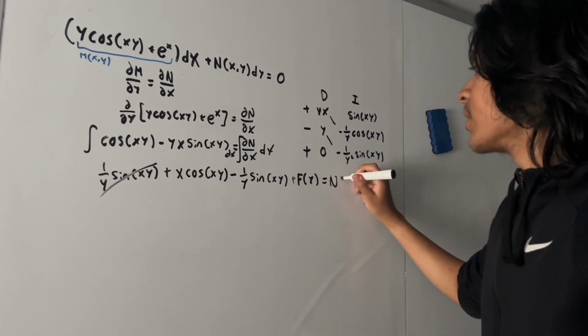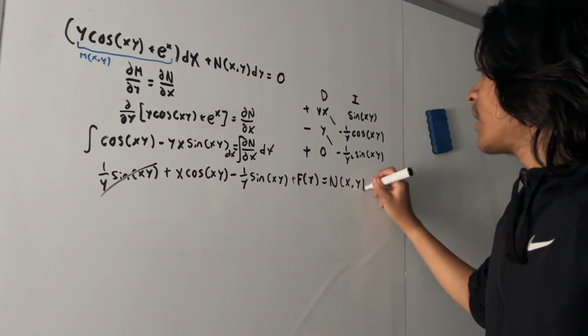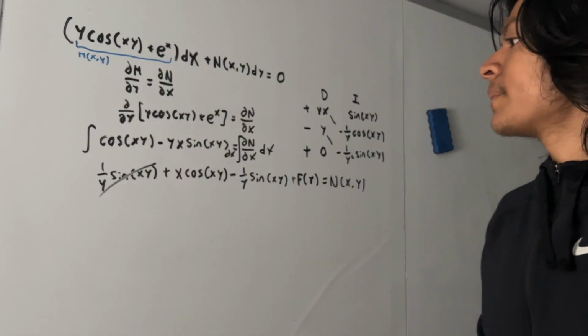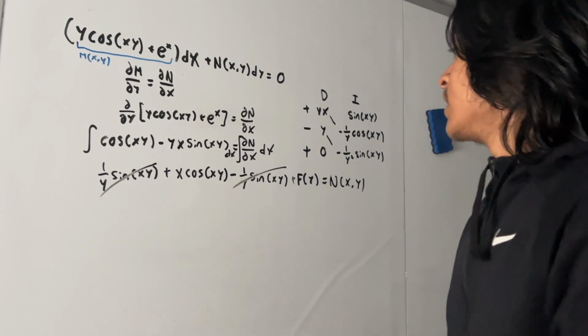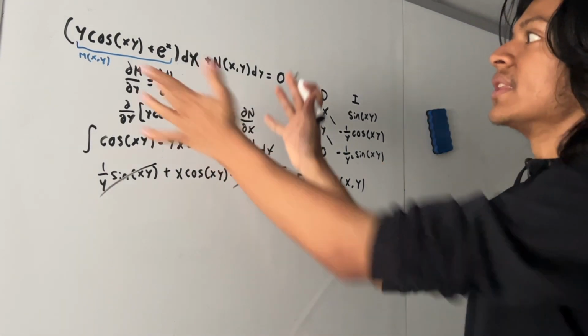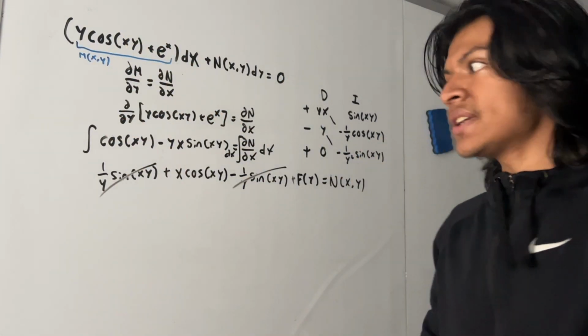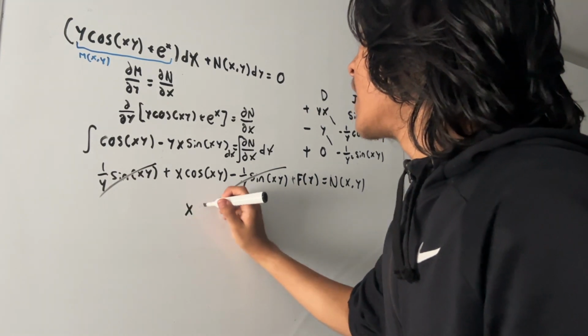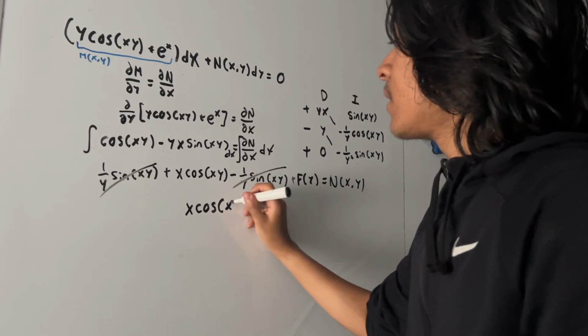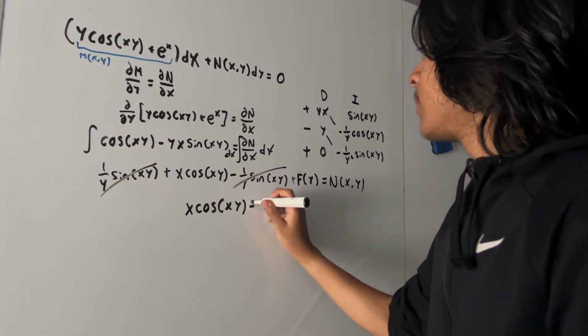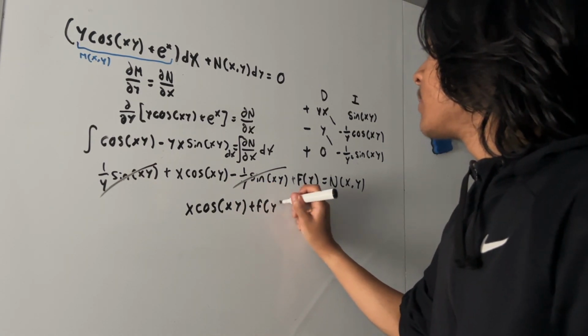So that's going to be our N of x, y. And again, this term cancels out and this term cancels out. So the equation to make this differential equation exact is going to be x cosine of x y plus f of y.